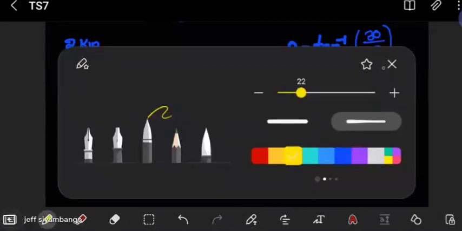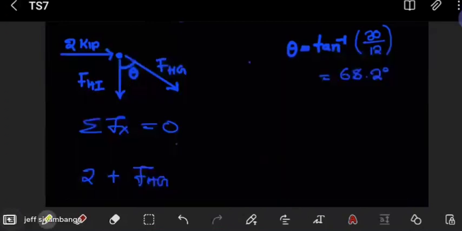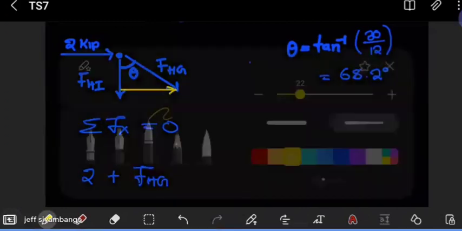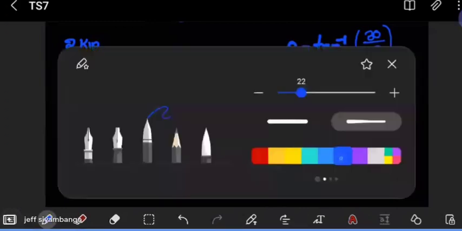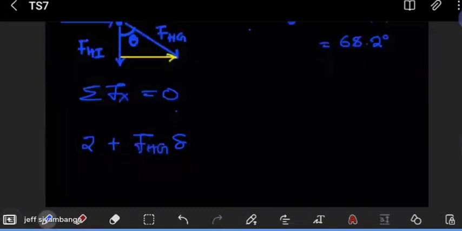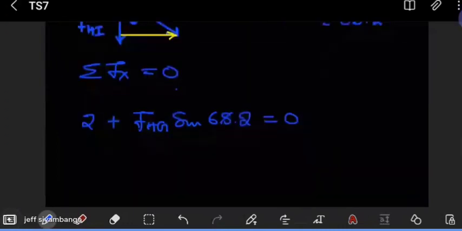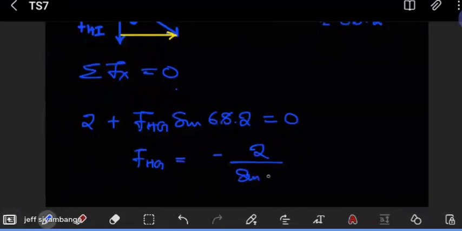Okay, so x will be given by sine. So this will be sine of that angle, 68.2. There will be only the 2, so this equals 0. This implies that our FHG will be equal to -2 over sine 68.2.